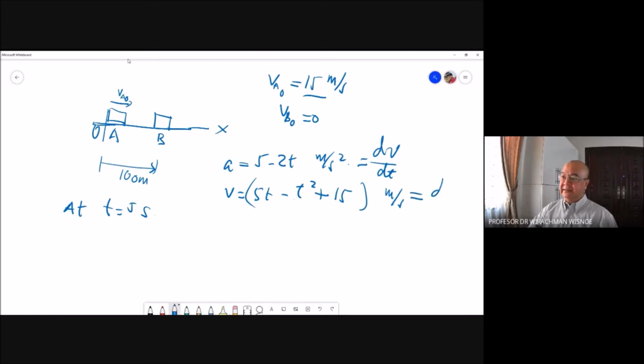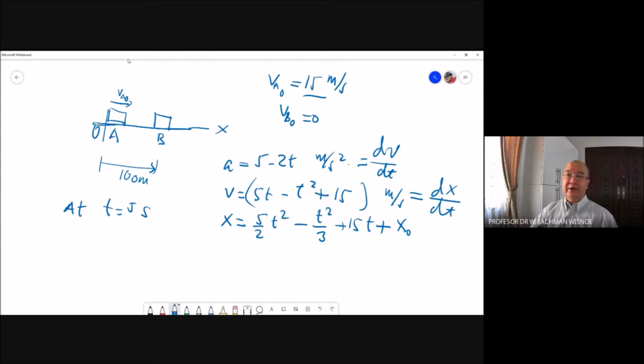This v is dx over dt. So I can obtain x equals 5 over 2 t squared minus t cubed over 3 plus 15t, plus, don't forget, x naught.